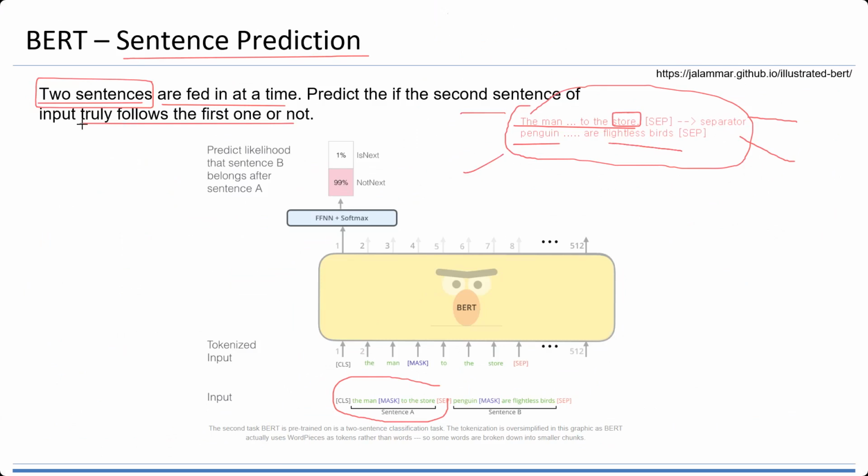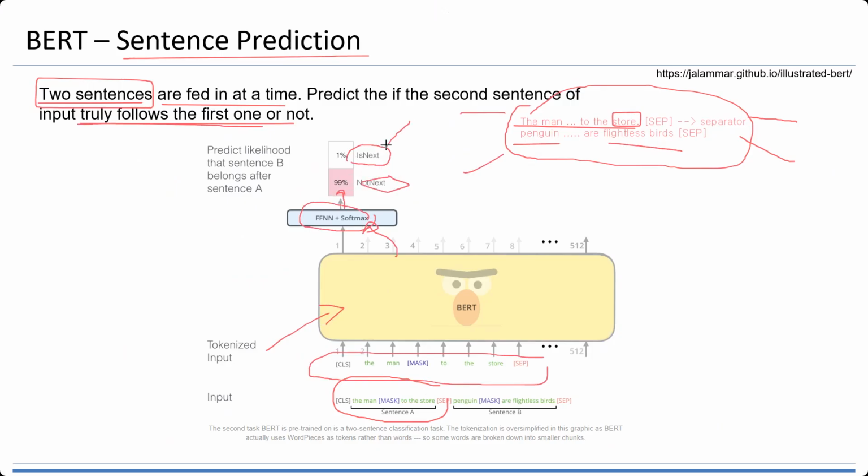It does not truly follow the first one. And we input this into the BERT, and then BERT will use the neural network and the softmax to find the probability of whether it is next or not next.